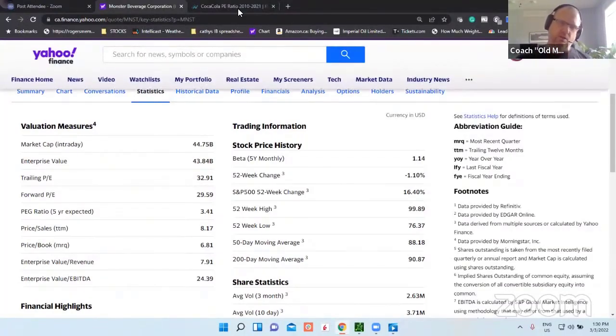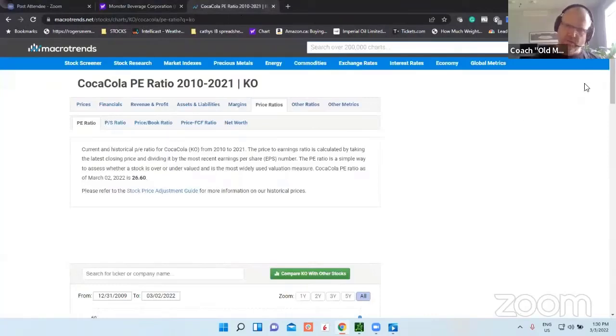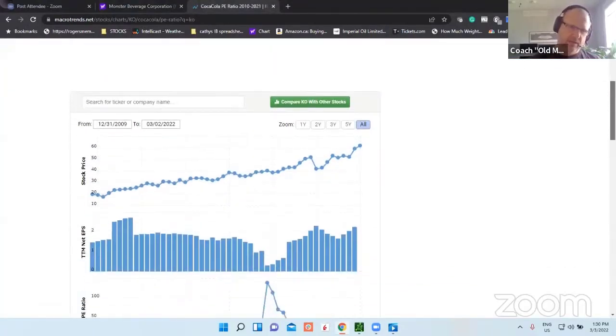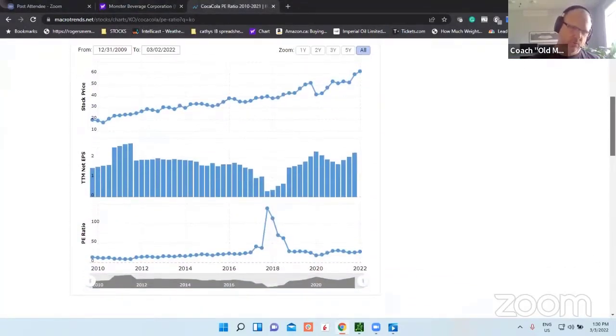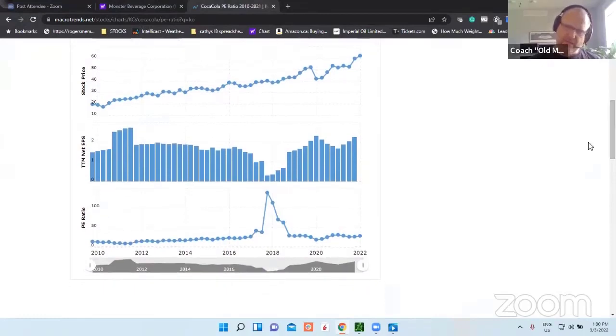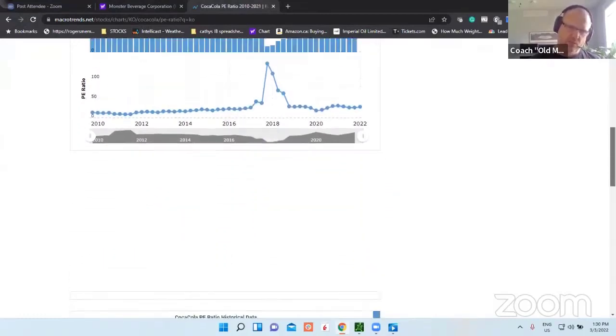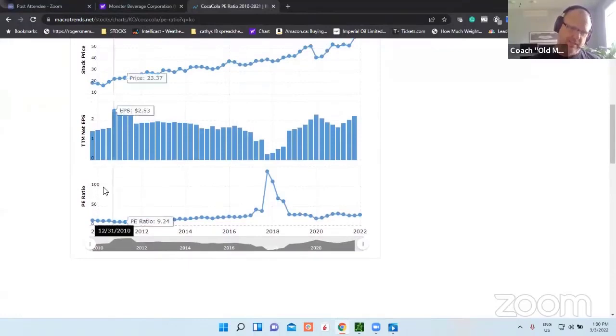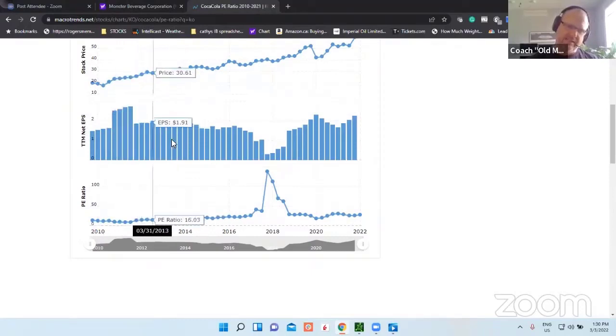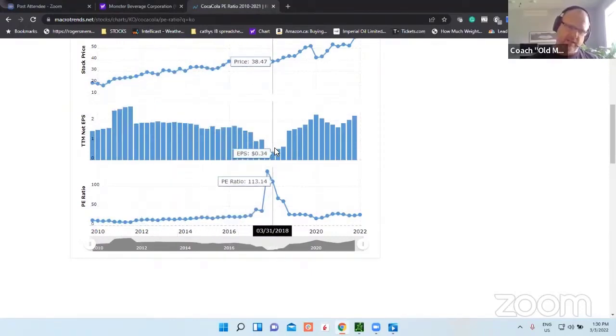The other thing that you want to look at is how the earnings are going for a stock. Okay. So this is Coca-Cola here, right? So what we want to do is look at, you can see PE ratio here, that's fine. But we can see the trailing 12 months net earnings per share. Ideally, you want to see that increasing. Now you can see here that even Coca-Cola struggled a little bit, but ideally you want to see that increasing.